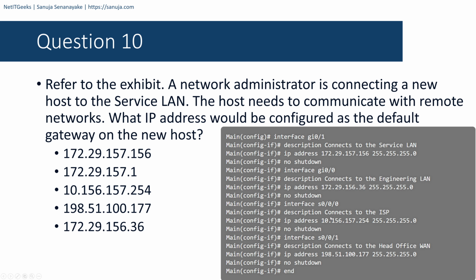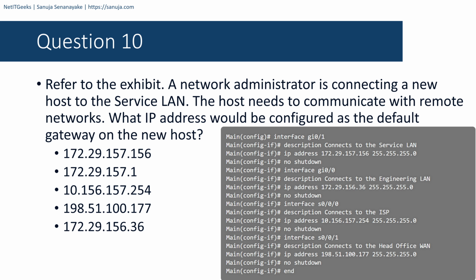The host needs to communicate with remote networks. What IP address would be configured as the default gateway on the new host? So we are looking at a screenshot of configurations given to you during the exam, and you need to figure out an answer based on that screenshot.